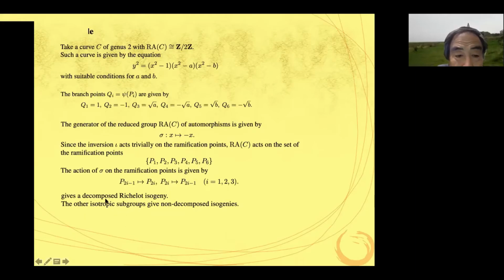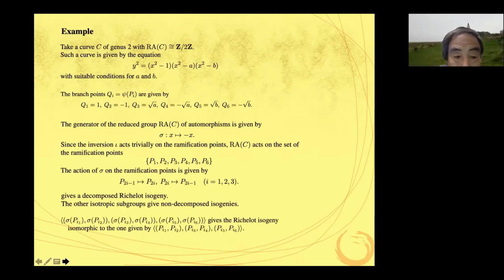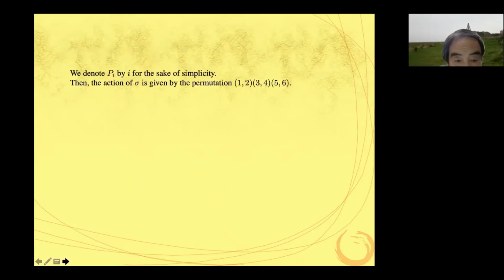And this one gives a decomposed Richelieu isogeny, as I said. Already I showed the example. The other isotropic subgroups give non-decomposed isogenies. Okay. And for this situation, we denote pi by i for the sake of simplicity.